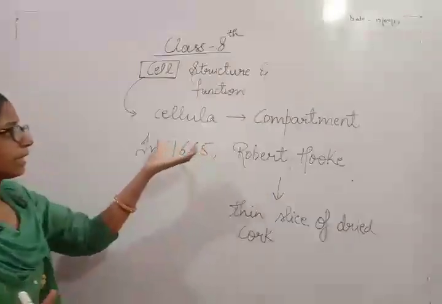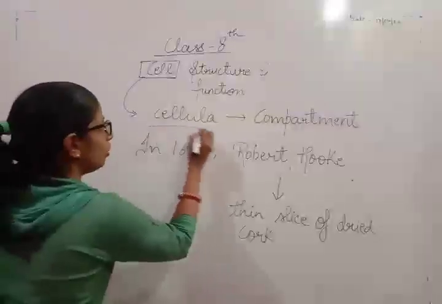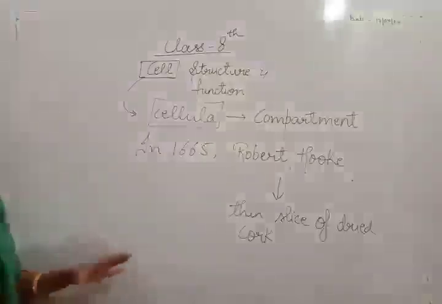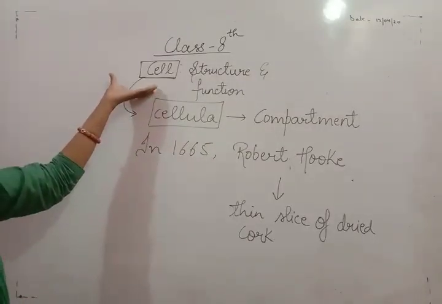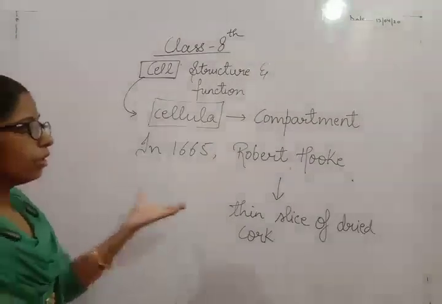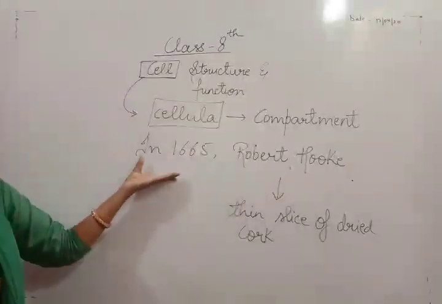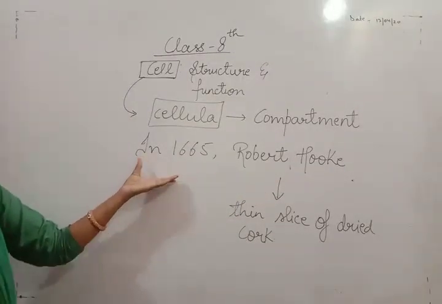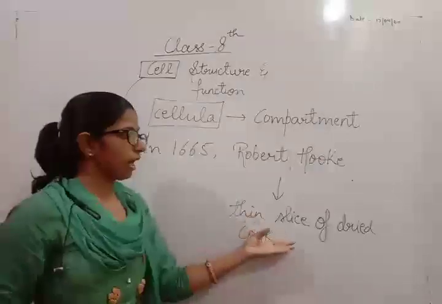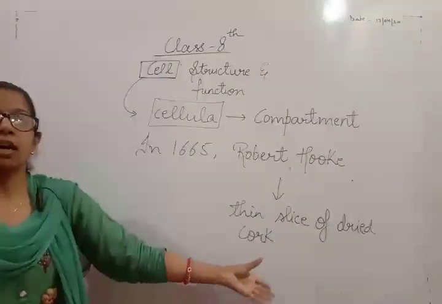So in Greek he named them cellula, which we now call cell. So who discovered cell? Robert Hooke in 1665. He observed a thin slice of dried cork under a microscope.